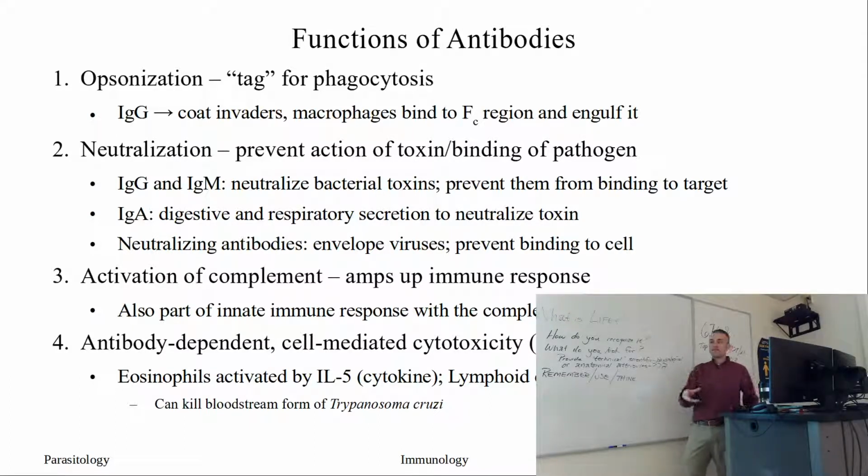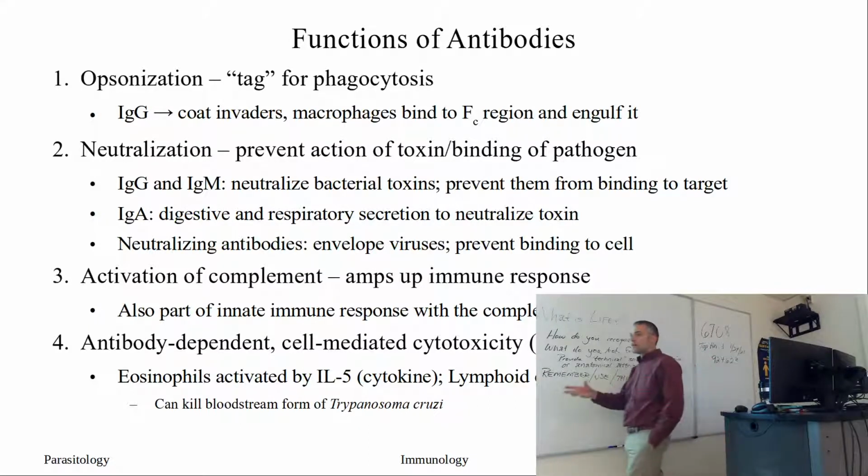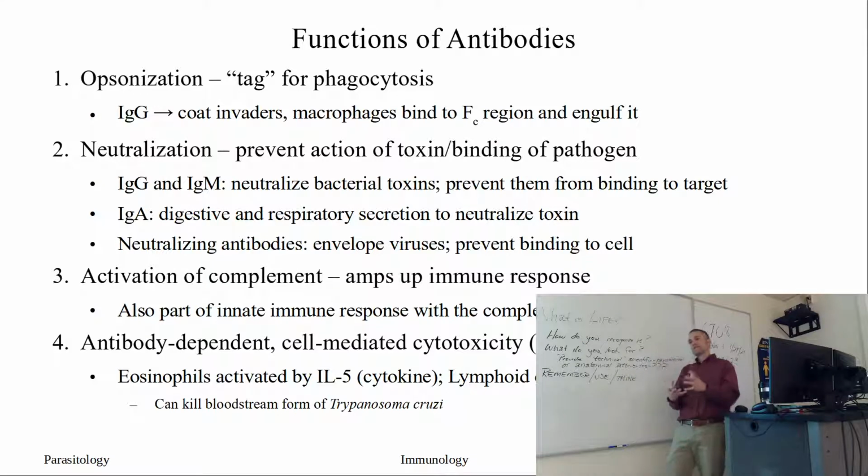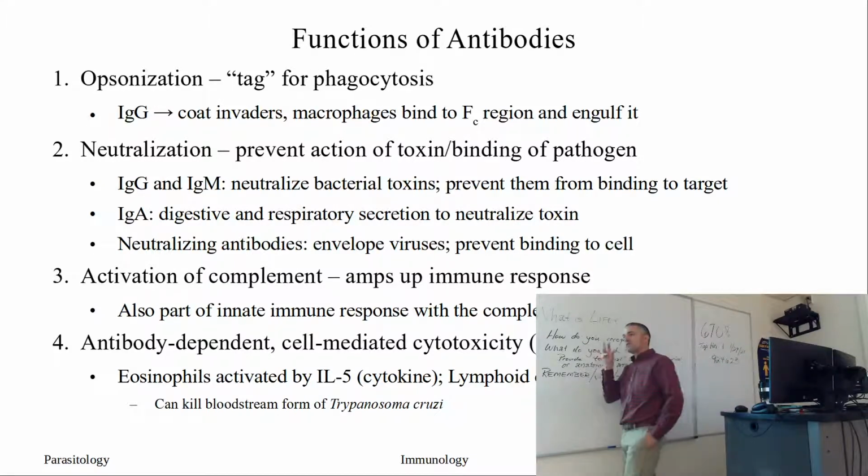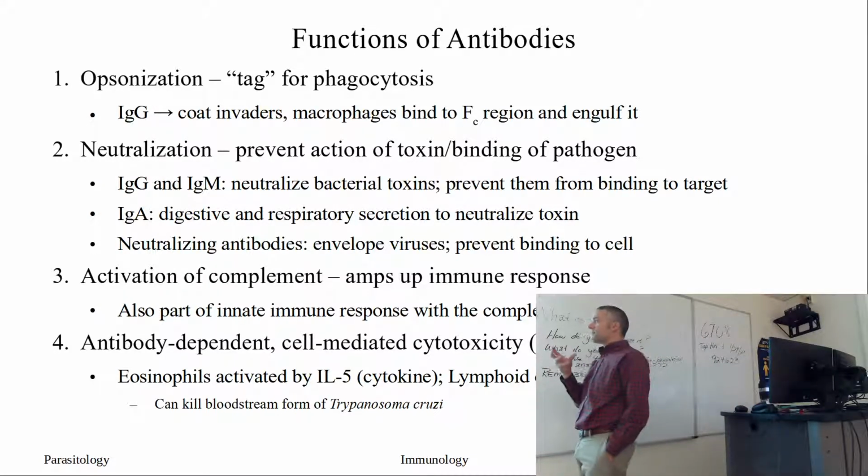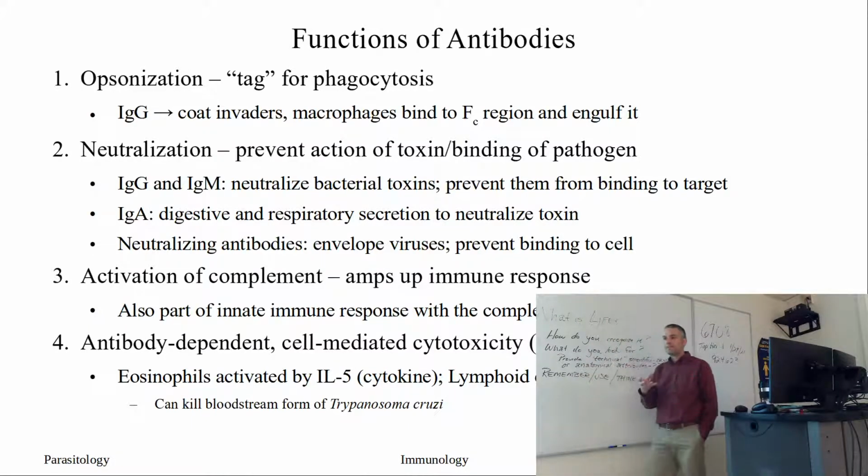It's the same thing with the coronavirus that we're talking about. If you can get that virus encapsulated by antibodies so that the receptor or the binding site is blocked by the antibodies, you've effectively neutralized that pathogen.